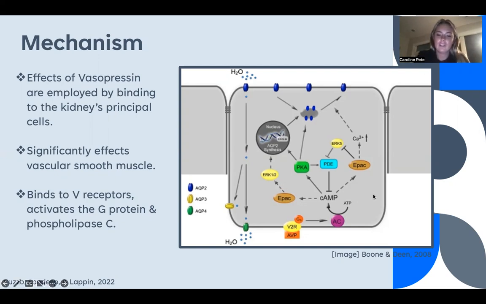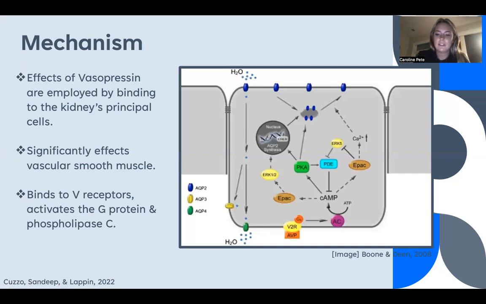In this image, you can see a model of the regulation of water permeability in renal collecting ducts. So you can see the binding of vasopressin, known as AVP, to the V2 receptor right here in the basolateral membrane, which then activates the adenylate cyclase right here, where you see AC.